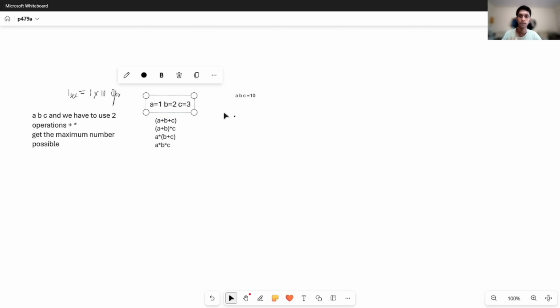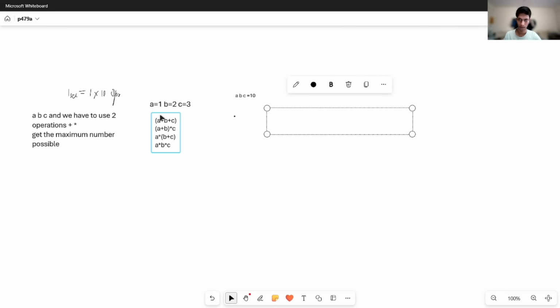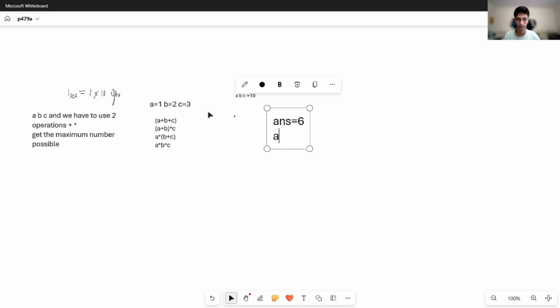Okay, so let's see the first case. For the first one, we get 1 plus 2 plus 3, and the answer will be 6. For the second, the answer will be 2 plus 1, 3, into 3, which will be 9.